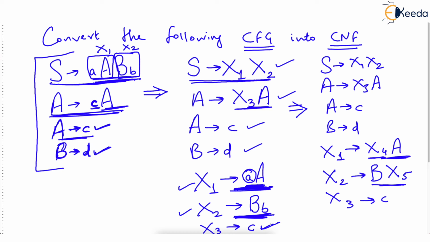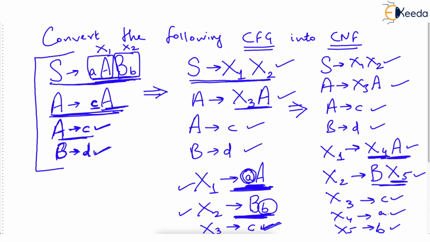But what does x4 derive? x4 derives small a, and x5 derives small b. Just check this. Now all the productions are in the form of CNF. So this is the CNF for the given CFG.